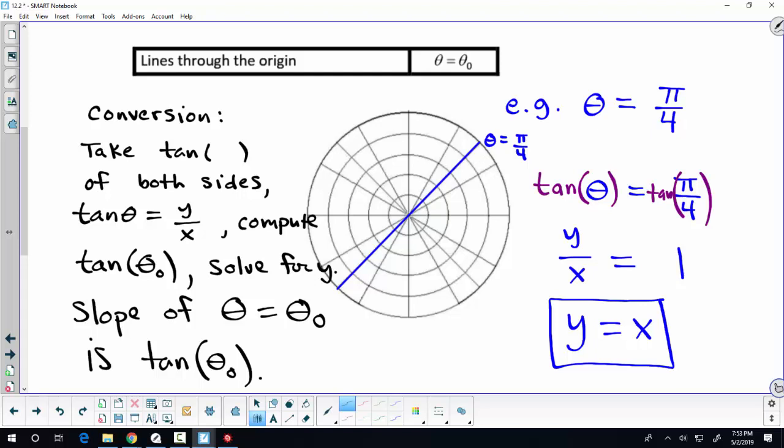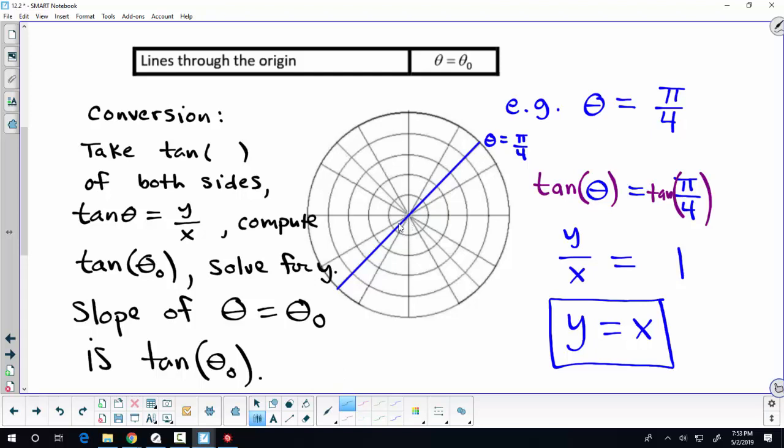So if we say y equals x in Cartesian, we know that's just that single line. But what if I said theta equals pi over 4 versus theta equals 5 pi over 4? What would we be dealing with? What's the difference? They're both lines through the origin. So where's 5 pi over 4? Yeah, directly across, right?